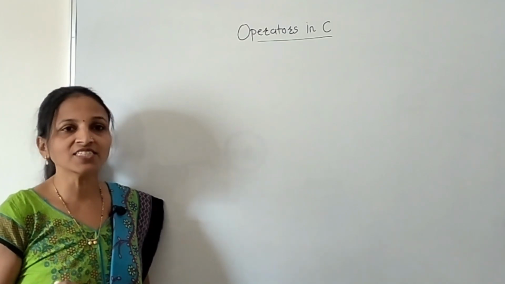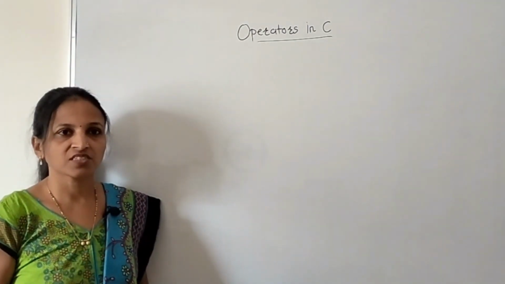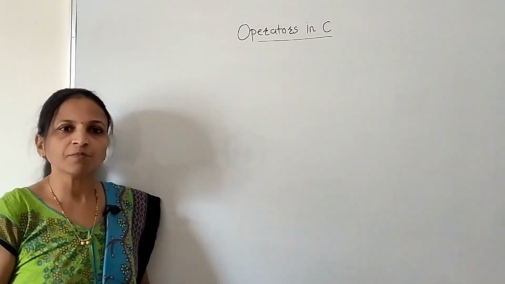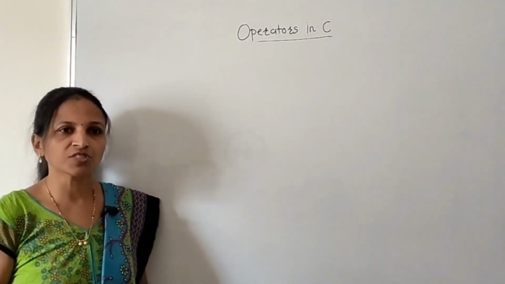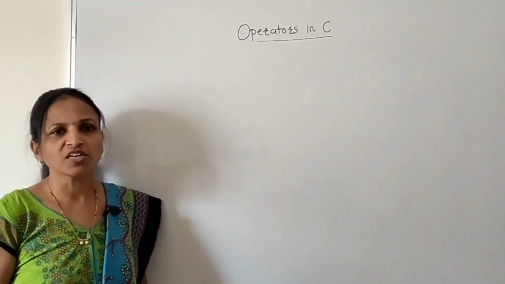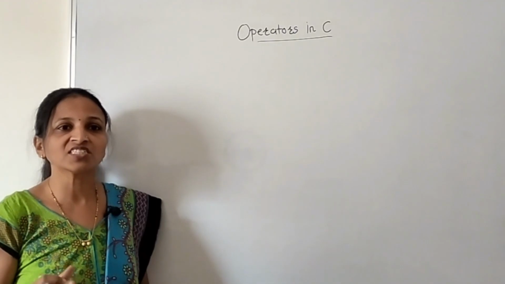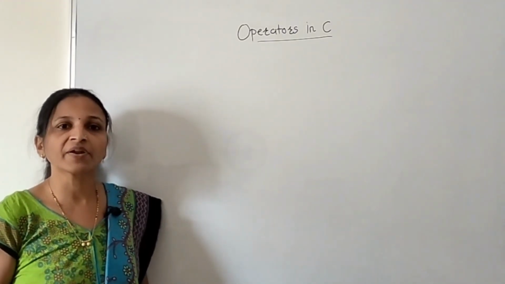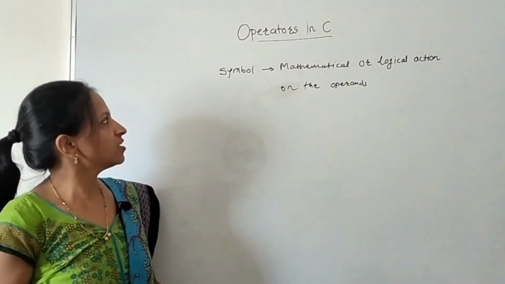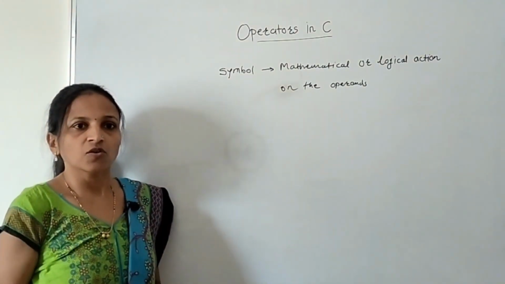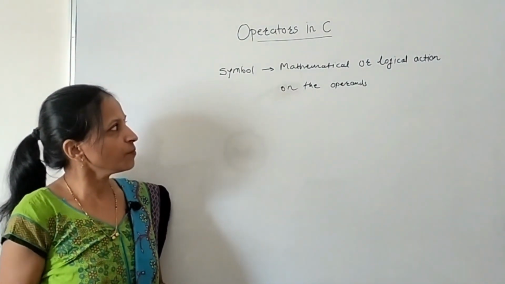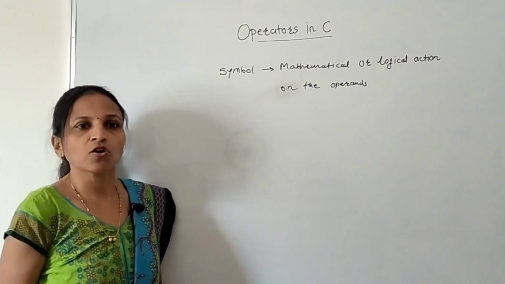Now, what exactly is an operator first? An operator is a symbol that can be used to do any particular mathematical or logical action on the operands. This is what an operator is. Now see what is the meaning of this mathematical or logical operation.